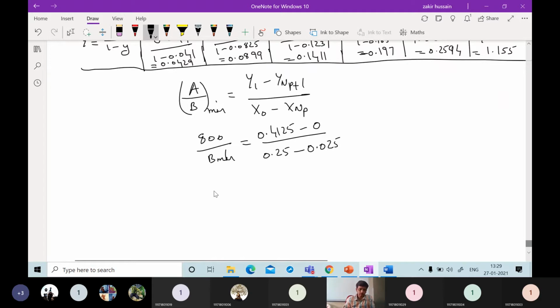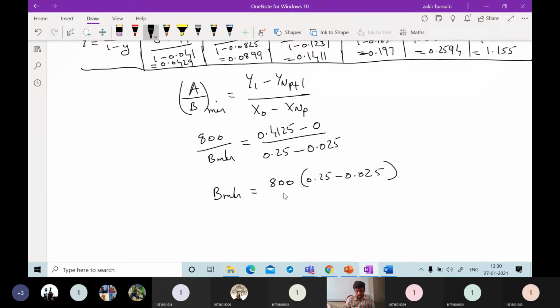So B minimum is equal to 800 into 0.25 minus 0.025, divided by 0.4125. So B minimum is something you'll get.